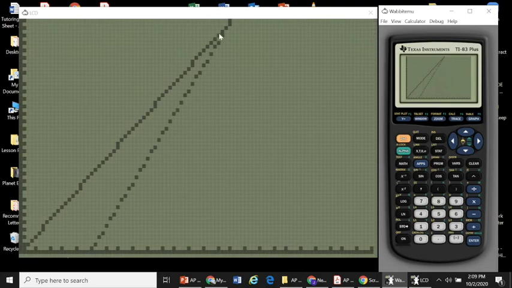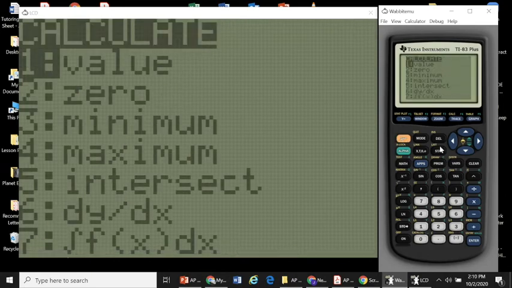And so notice they intersect. This y-axis is position. So the spot where they intersect is where this car catches that one. And so if we use the second and trace button, that's going to give us our calculator feature.